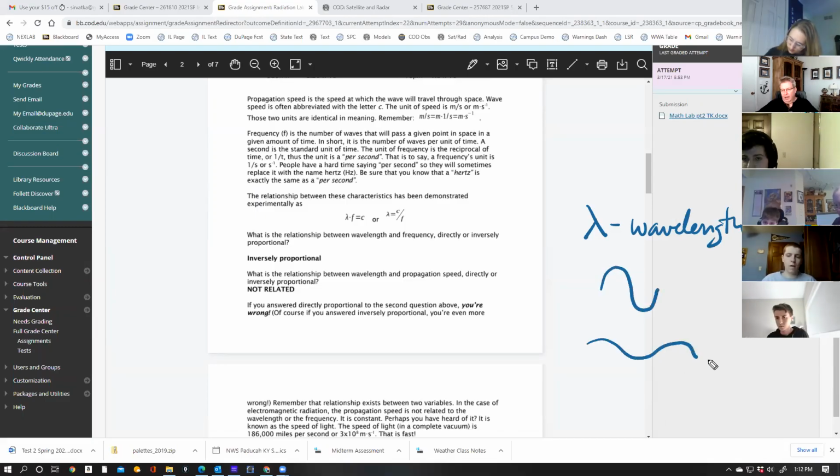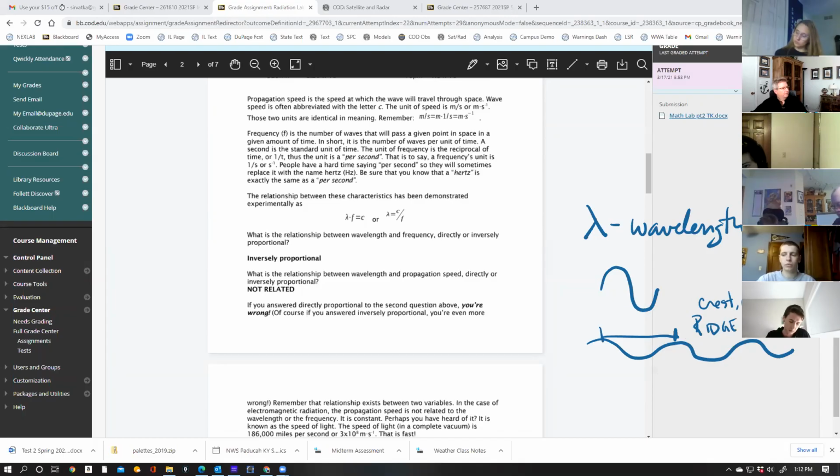Or if you think of a wavelength as being like this, you could say it's the distance between two, what do you call those? What's the top of the wave? Crest. You could put crest or peak, but in meteorology, we're not going to call it either. The top of that is going to be called a ridge. That's the word I want you to know, okay?